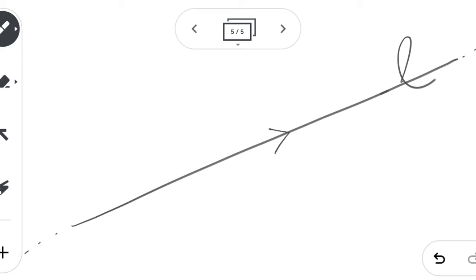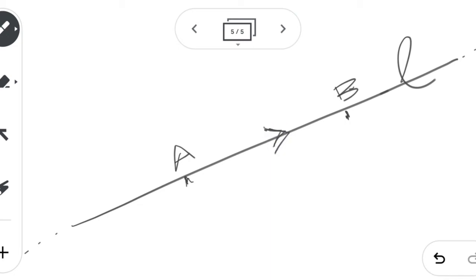Now, if we restrict this line to a line segment AB, the line segment AB has a magnitude. Here a direction is also there.